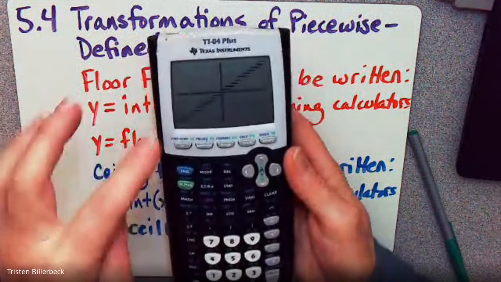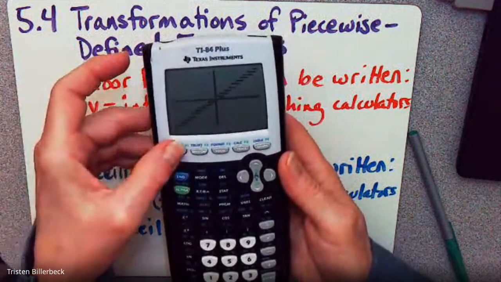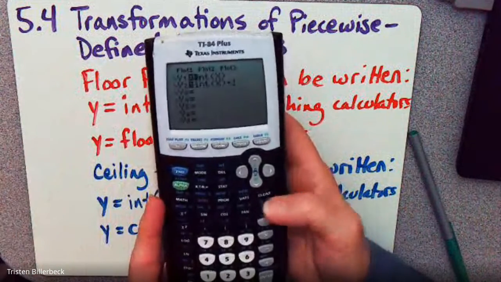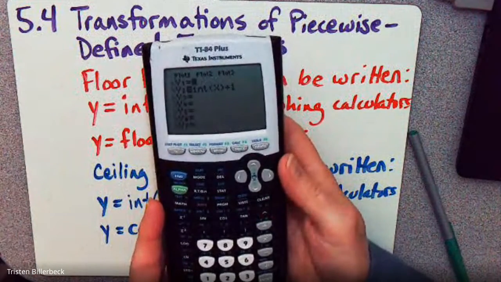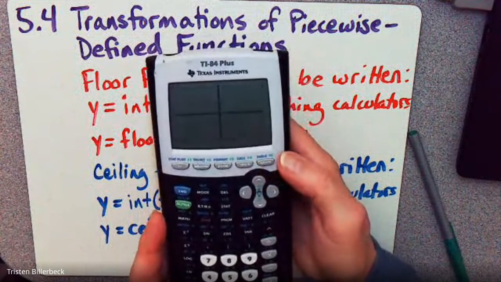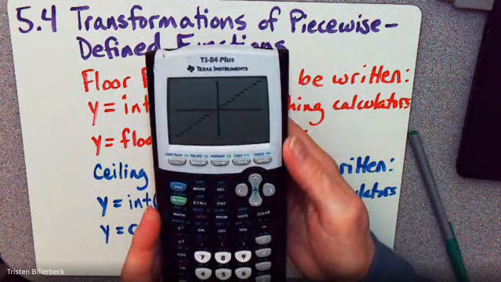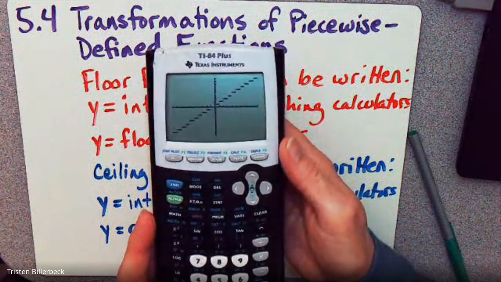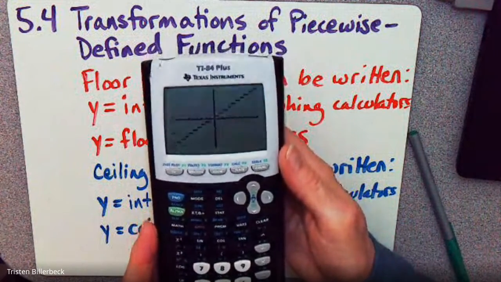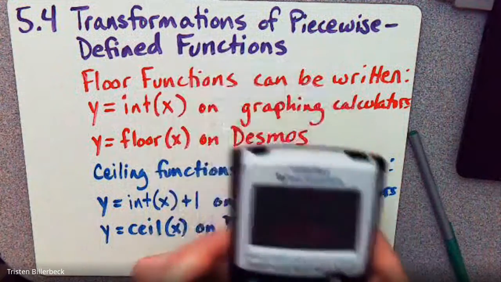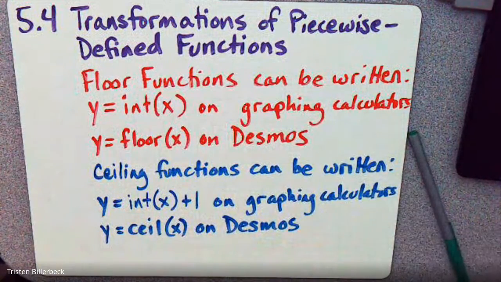Again, if we go to Y= and delete this by hitting clear and then hit graph, we see we just have the floor function. Before we had the floor and the ceiling function, which doubled it up. All right, so that's the graphing calculator.